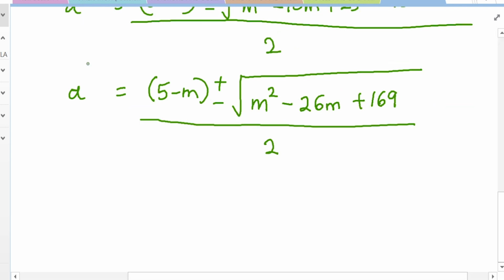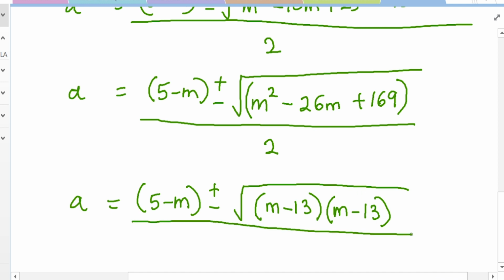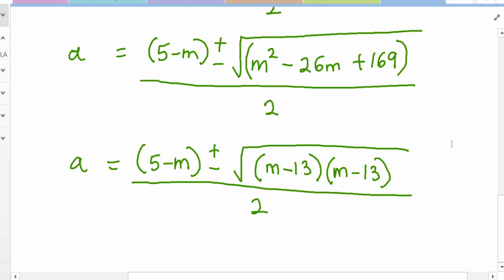So my value of a here is equal to 5 minus m plus or minus. When you factorize this expression, it is going to give you m minus 13 into m minus 13. It's a perfect square. Divide that by 2.